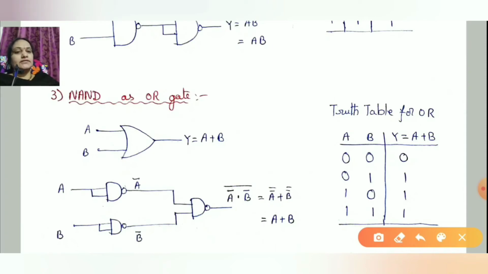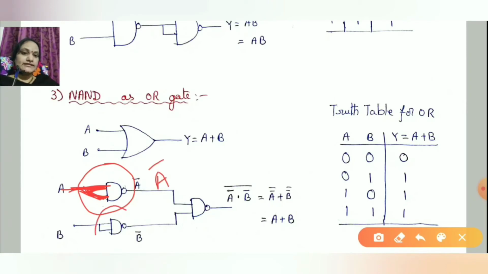For this gate, we have connected the two terminals to each other. That is why we are getting the complement of the input, that is A complement. Again in this case also we have joined the two inputs like this, which means we will get B complement as the output.